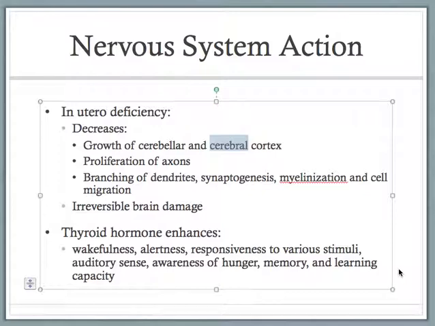On auditory tests, they are more aware of when they're hungry because thyroid hormone has a lot to do with calorie expenditure. Their memory's enhanced and learning capacity. So thyroid hormone, who knew it was so important to our development and to our everyday function in a metabolic, cardiovascular, respiratory, and nervous system activity.